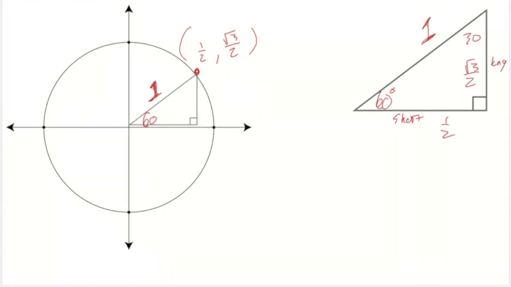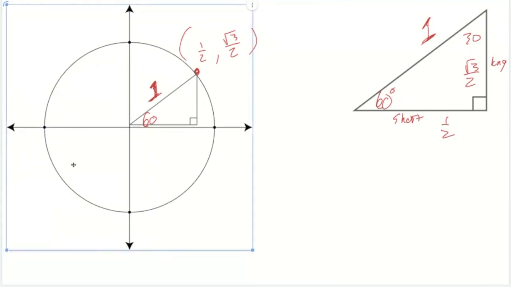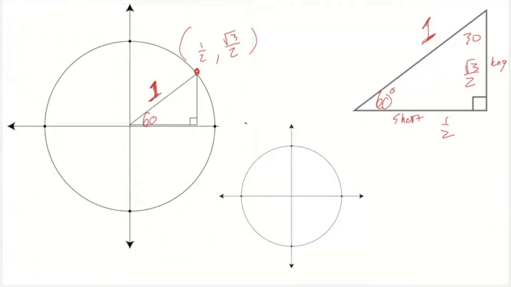And to give you an idea of what we have here, if I can make a little smaller circle, I'll draw it this time. So if this is 30, you'll notice that the y is short, the x is long.